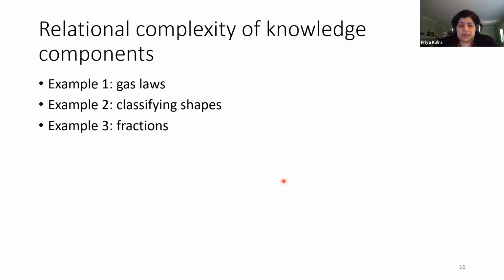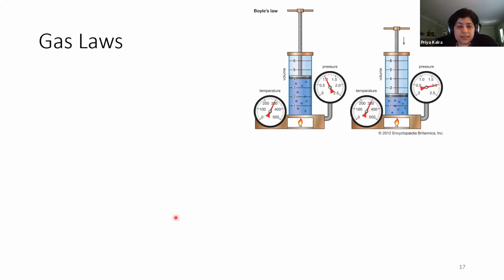So now I'll just give a couple of examples of, again, looking at realistic items or knowledge components from a curriculum. How would we apply this idea of relational complexity? So one example could be if you consider the gas laws that you learn as a chemistry student in high school. You learn Boyle's law, pressure times volume equals some constant. So basically, if the pressure goes up, the volume goes down.